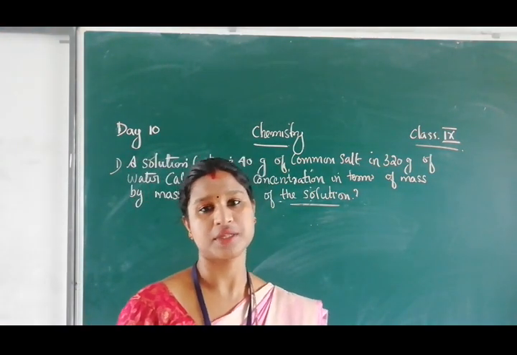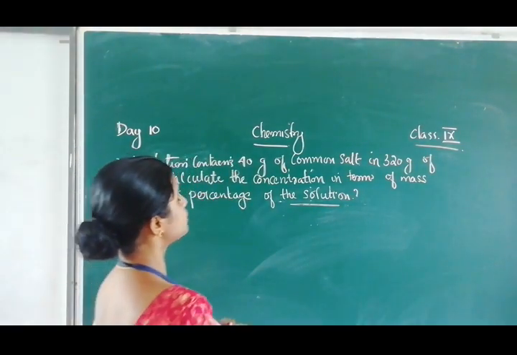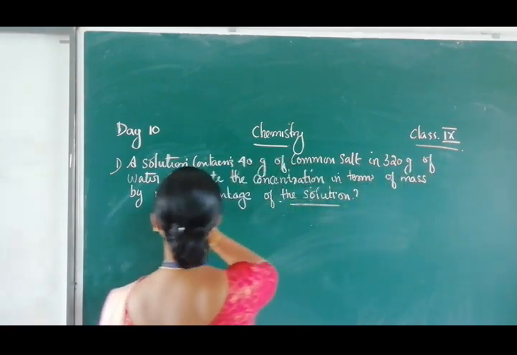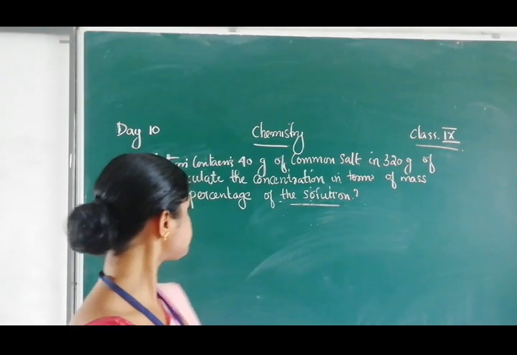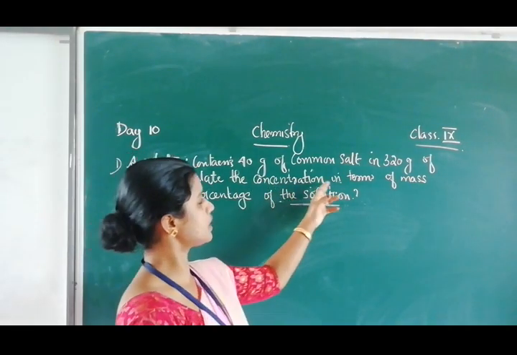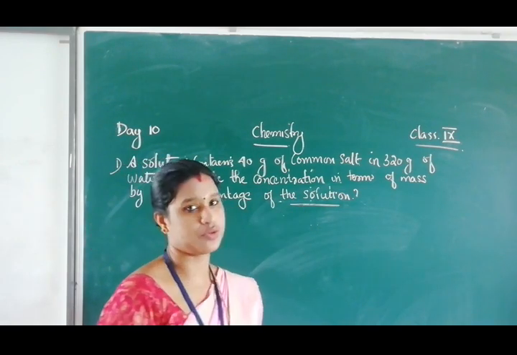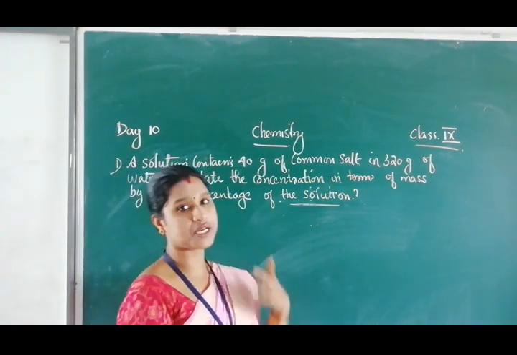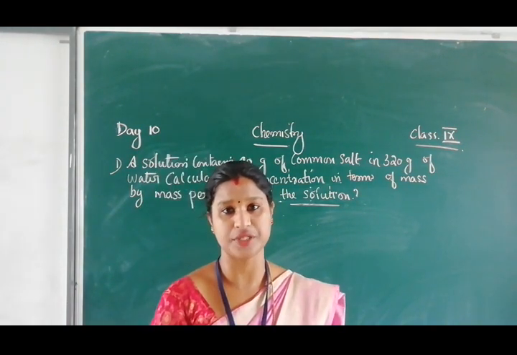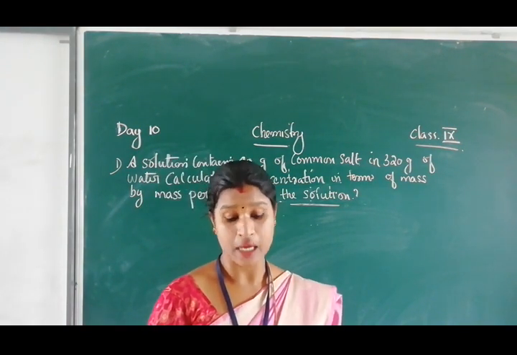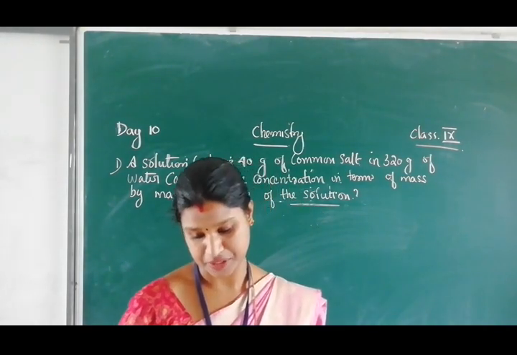Our curry is 40 gram of common salt, which dissolves in 320 gram of water. Calculate the concentration in terms of mass by mass percentage of the solution. We have to find out the concentration of the given solution, in terms of mass by mass percentage.